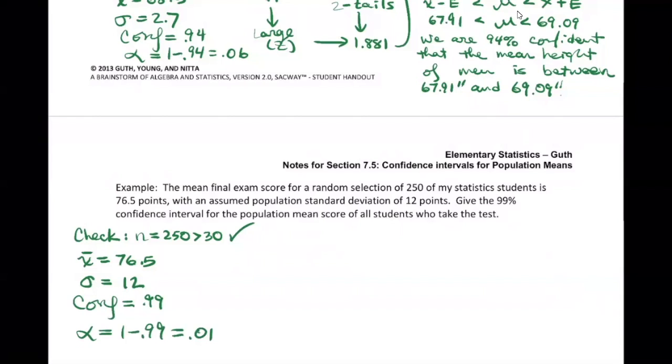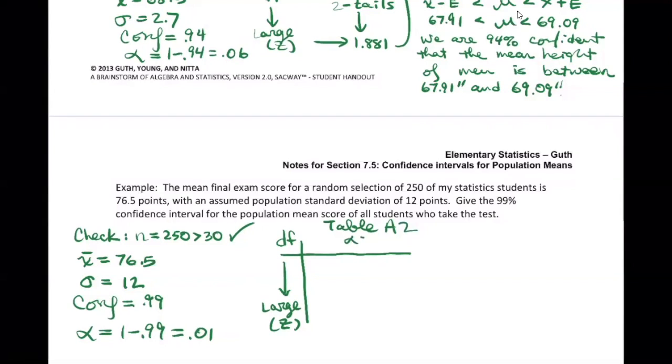Okay, going to our table, we need the Z alpha over 2. So for degrees of freedom, again, this is table A2. Okay, for degrees of freedom, scroll all the way down. For large, those are Z scores down there. The alpha is 0.01 two-tail.